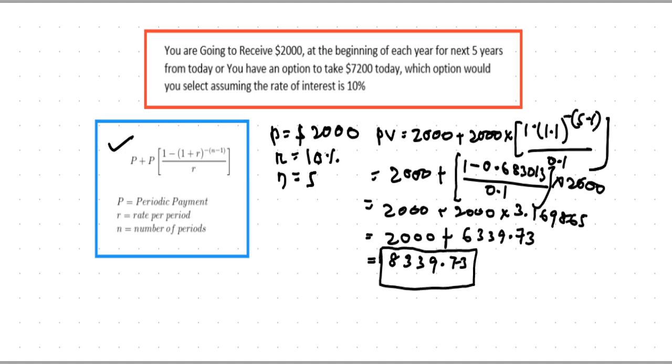So basically the first payment occurs at the beginning of the period, that is at time 0, and the remaining four cash flows come in the next four installments.